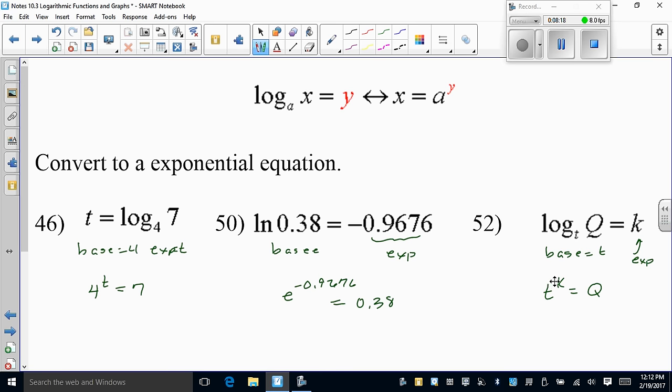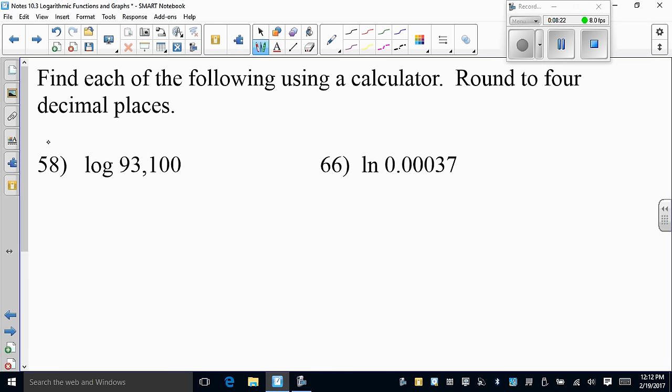Okay, on this one, I use a calculator. Your log button on your calculator. Let me verify where it is. The log button is by the 7. The calculator is in base 10. And then type in 93100. Do not put in a comma. And hit enter.